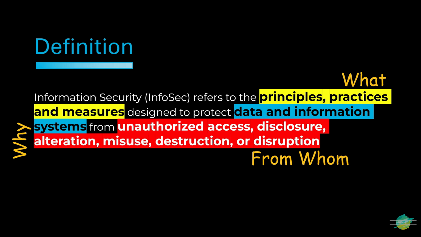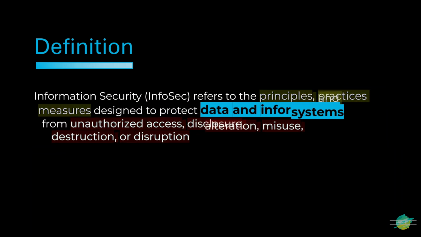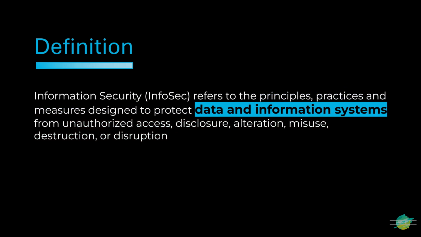If you understand this definition as a whole, it is trying to protect data and information systems from unauthorized access, or maybe hackers or attackers. It can be an outsider or an insider as well. We are going to discuss insiders once we move ahead, right? For this, it uses its own principles, practices, and measures.